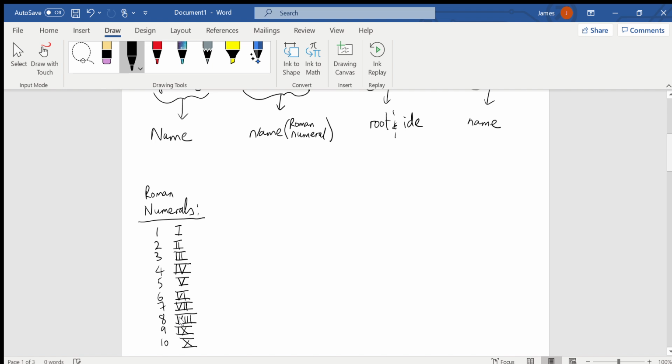Okay, and they're the first 10 numbers counted in Roman numerals, and they would represent the charges. So a plus 1 charge, you would have the name and then I. A plus 5 charge, you would have the name and then V.